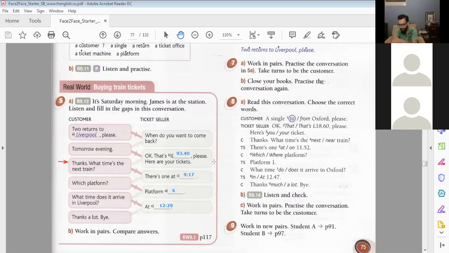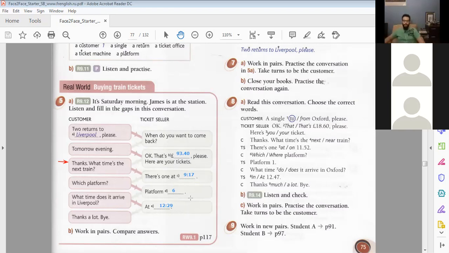Here are your tickets. Thanks. What time is the next train? There is one at 9:17. Which platform? Platform 6. What time does it arrive in Liverpool? At 12:29. Thanks a lot. Bye. Okay, very good.